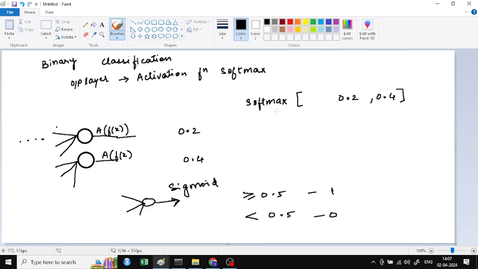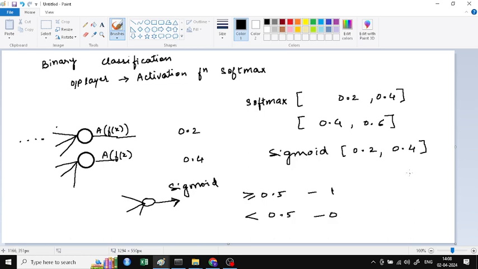In case of softmax, you will get 2 probabilities, and whichever is the highest probability, you would consider that as the final answer. What happens if we apply sigmoid on these two values? Let us see what happens. Will I get the same answer as the softmax of this, or a different answer?